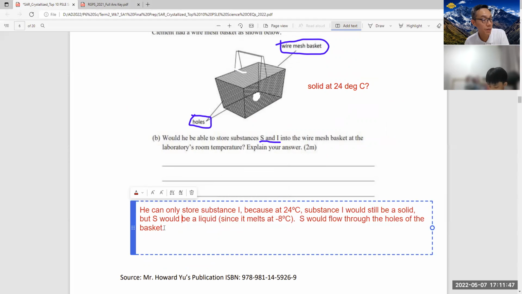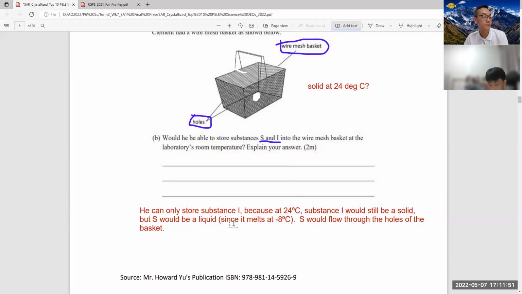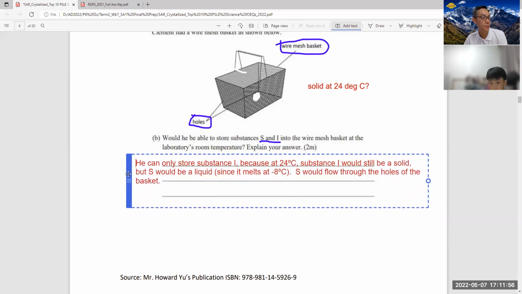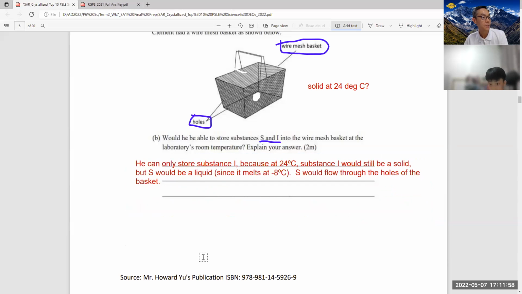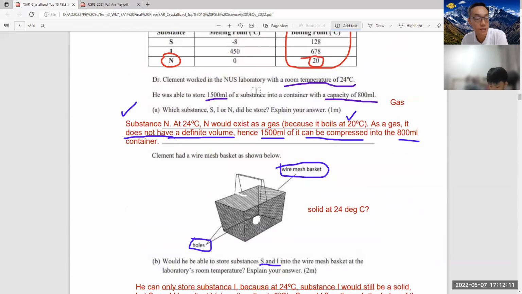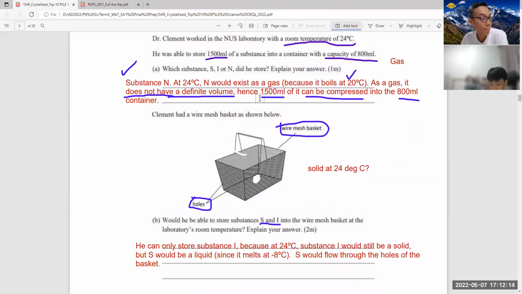Hence, since it melts at -8, S would flow through the holes of the basket. So he can only store substance I because at 24 degrees Celsius, substance I would still be a solid, because it melts at 450. But S will be a liquid, so it will flow through.